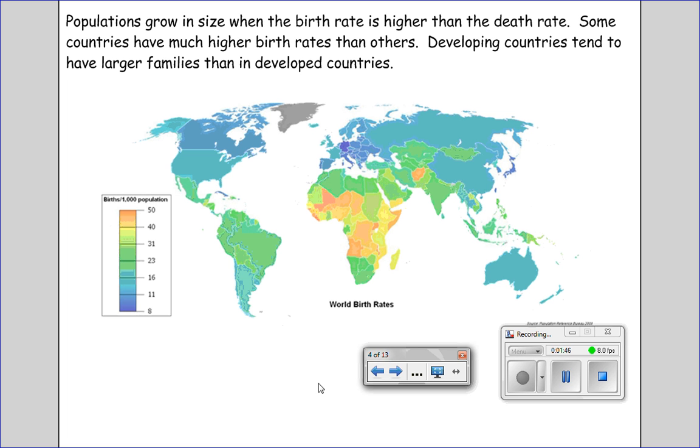As you can see from the world map, the developing countries are shaded in yellow, orange, red, meaning they have a much higher birth rate compared to countries like Canada, the United States, Russia, Scandinavian countries. So these developing countries have growing populations.